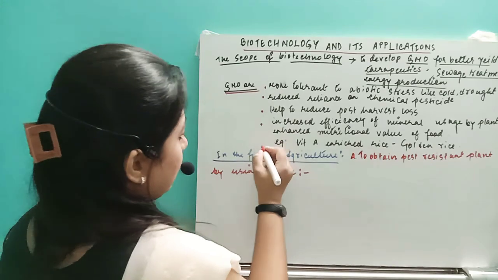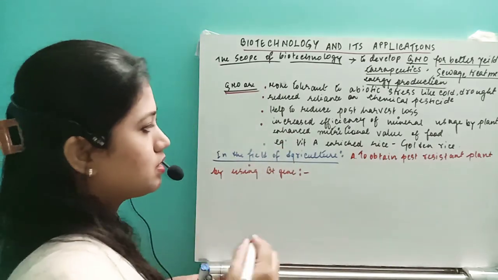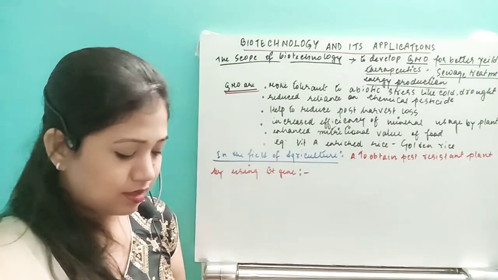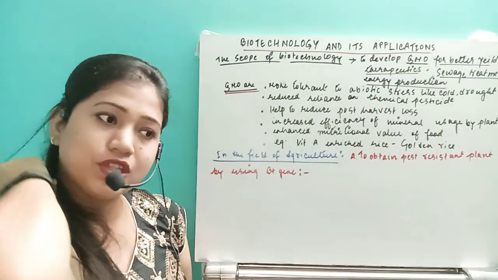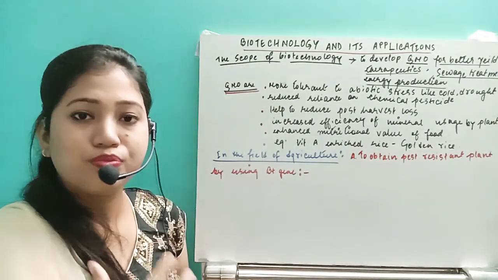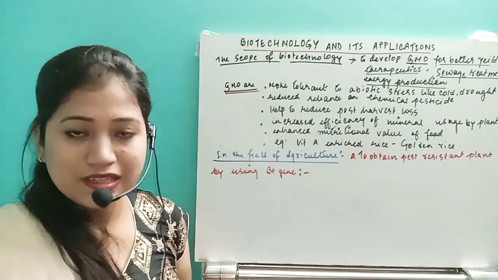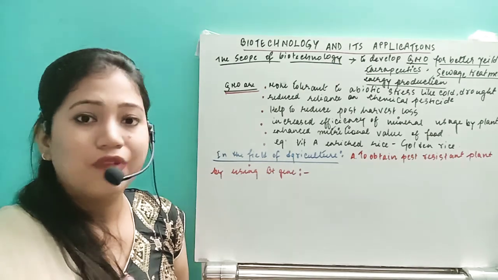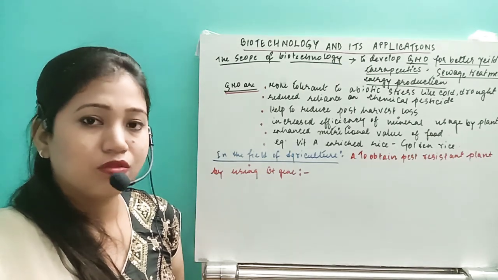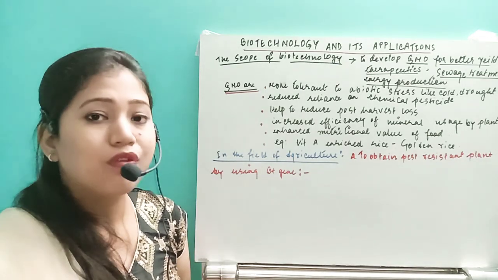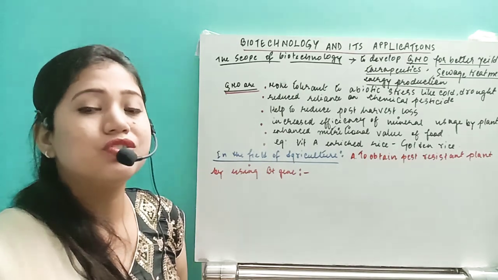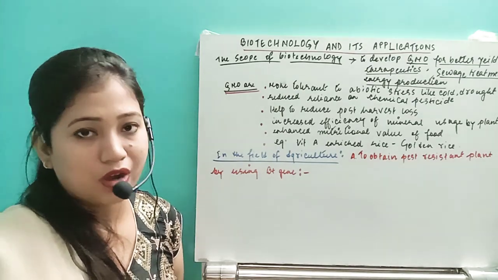Next one, some examples are given. See, to enhance the nutritional value of the food. Suppose nowadays we have some deficiency diseases due to different types of vitamins, because whenever it comes to the busy schedule of our life, we are not concentrating on the food value, rather we just consume it to decrease our hunger.